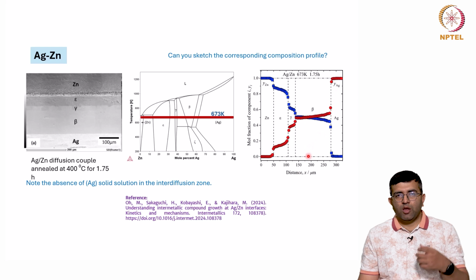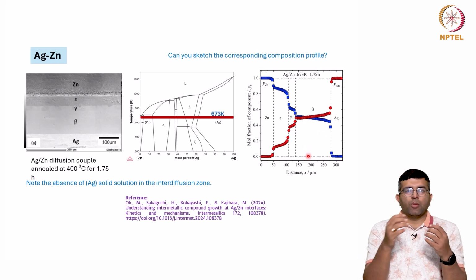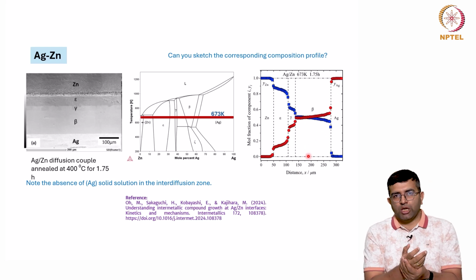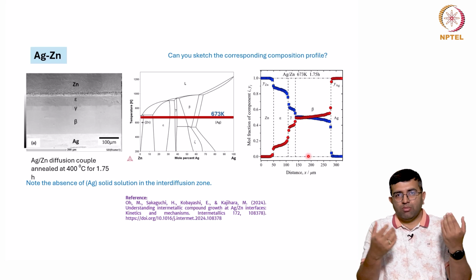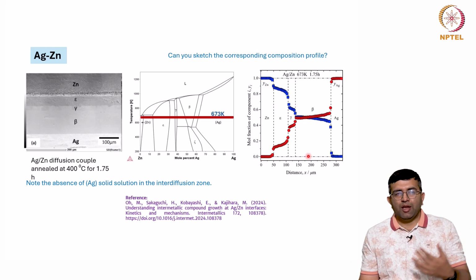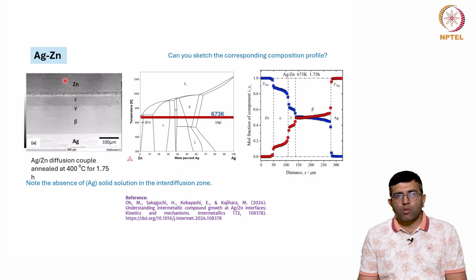Okay. Remember, when we talked about the diffusion couple problem in the solutions to diffusion equations, one assumption was always that the end members remain unaffected. So, in reality, you can also see that you always have certain regions of the end members or the pure metals which remain unaffected.